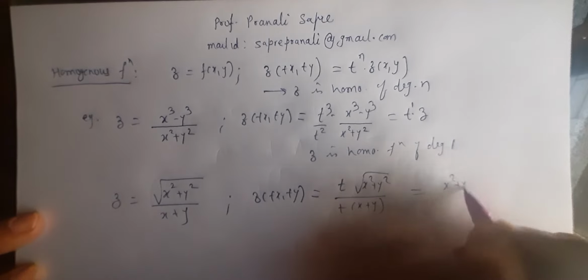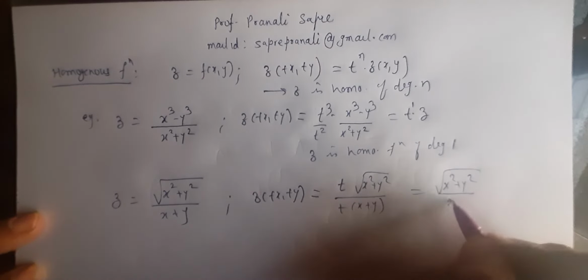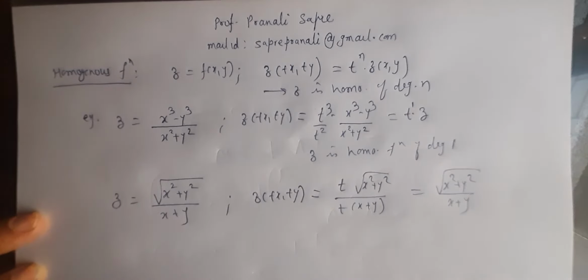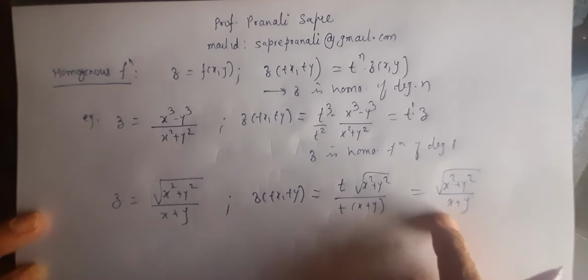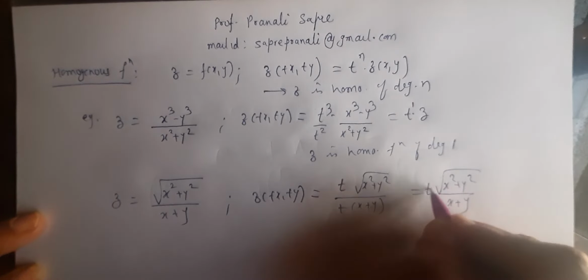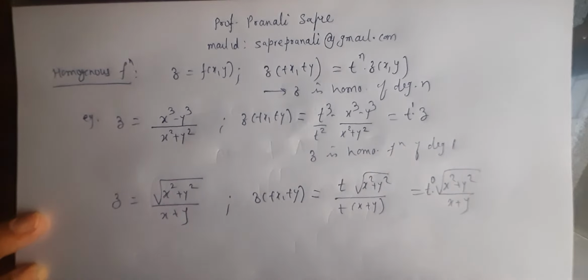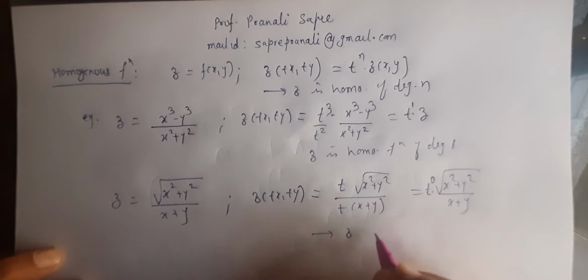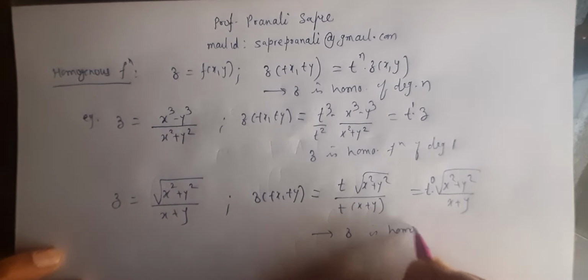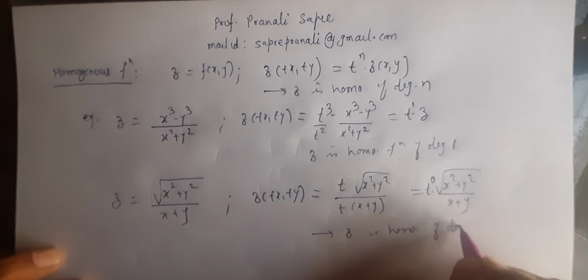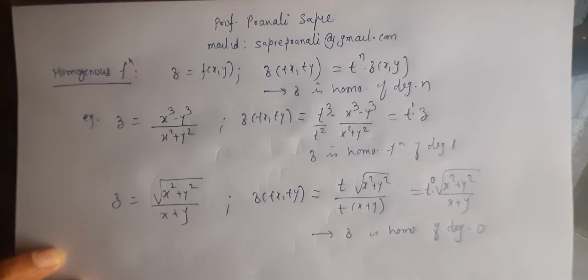What we are getting is back only z. So we can always write it as t raised to 0 into z. Anything raised to 0 is 1, all of you know it. And so we are getting here, this z is homogeneous of degree 0.